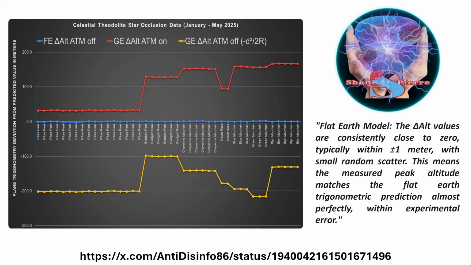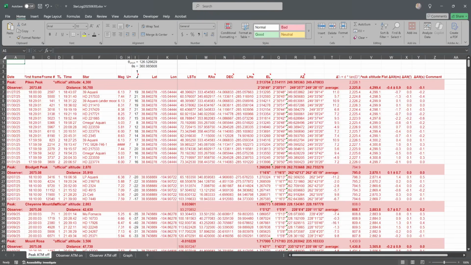All right, so why are they getting near perfect results? This abomination of a spreadsheet is where the data for that graph comes from, specifically the column over on the right, which compares the official height of the peak with the predicted height of the peak using their celestial theodolite bullshit. And as you can see, nearly all of the values are within about a meter of the prediction.